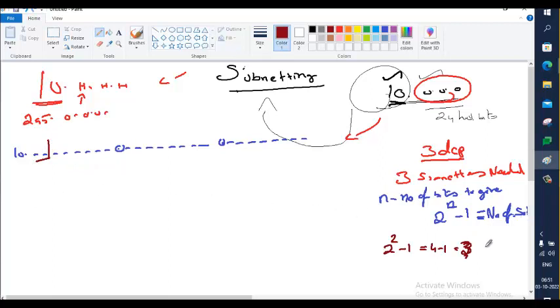That's sufficient, you see. 3 subnets you get. Again, I'm repeating: the number that you put on top is the number of bits that you want to give. When I put 2, 2 raised to 2 is 4, minus 1 is 3.